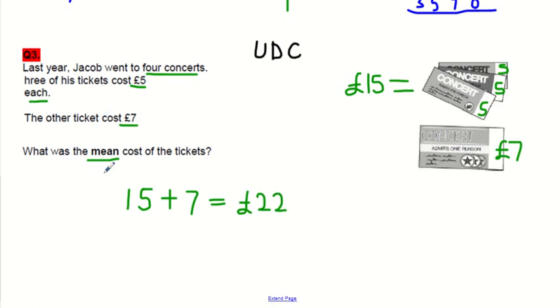Now, mean is an average. So to find the average cost of the ticket, we'll need to divide it by the amount of tickets there were. So 22 divided by 4 would be £5.50. Okay, now I know that lots of you know if you divide by 4, you half and half again to give £5.50.